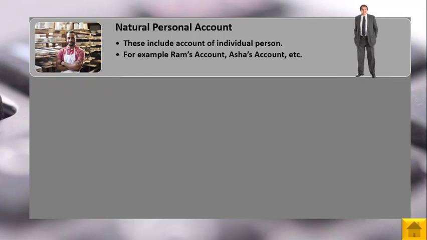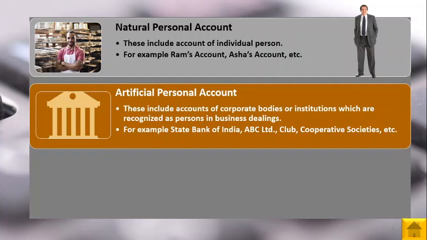So if we have an account, if we have a transaction with a person, an individual, that comes under natural personal account. And in case we are interacting with or having an account of any corporate bodies, any institution, bank, firms, clubs, these are all artificial personal accounts, because the transactions between us and them will be with the help of the name only, the name of the person or a firm or an institution.